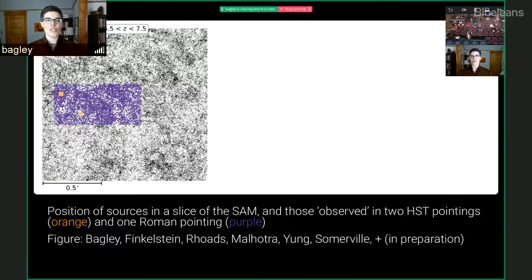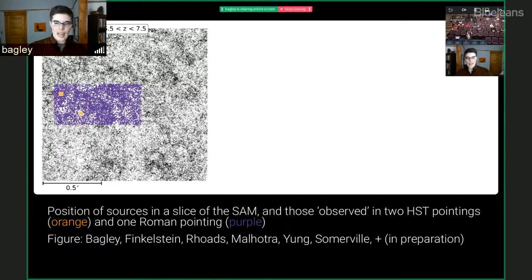And then the positions of sources that would be observed if you looked at this field with, say, HST are shown in orange. We've got two WFC3 pointings here in orange, and then one very simplified Roman field of view, but it has the same aspect ratio, one Roman field of view.